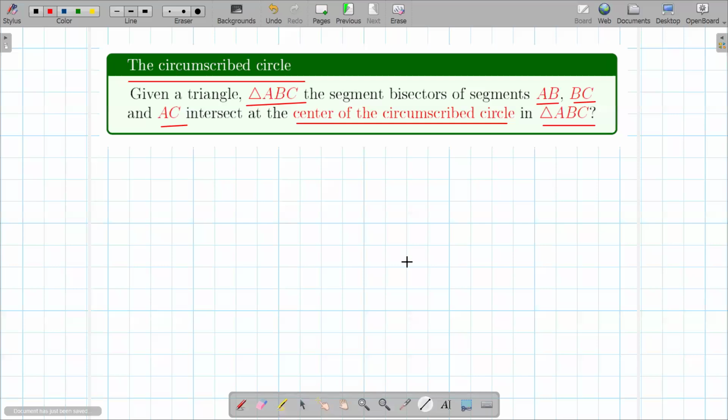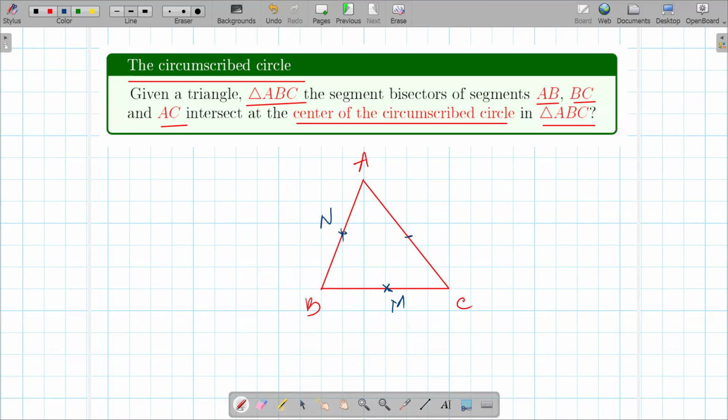And just to look at the final diagram here, if we've got a triangle ABC, here's A, here's B, here's C, and we take the midpoint here of BC, and here's N, which is midpoint of AB, here's P, which is midpoint of AC, and we construct the segment bisectors.